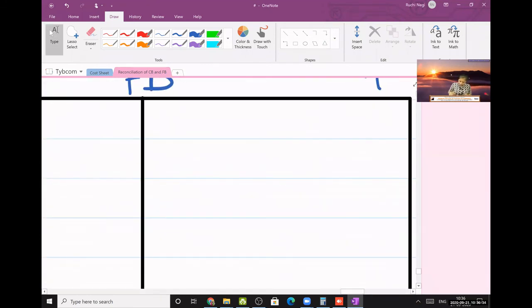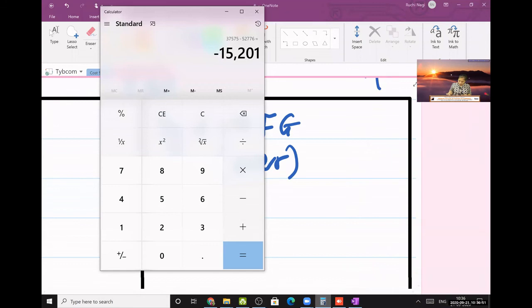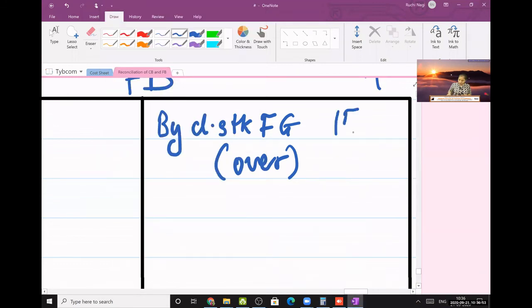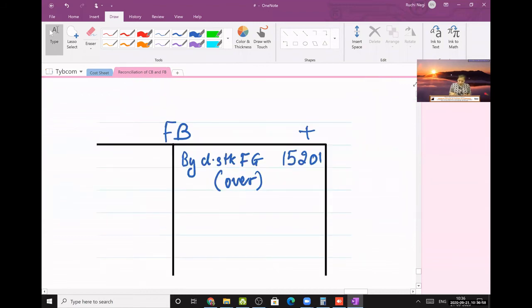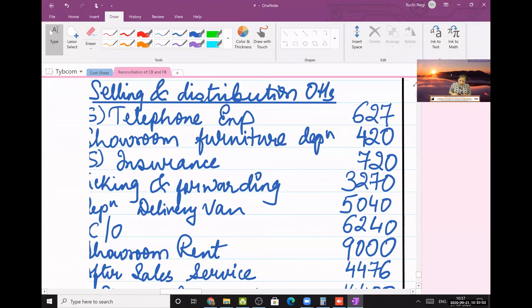So right here, by closing stock of finished goods, I'm taking the excess or the overvaluation, 15,201. That's it. The rest which remains will come in the finance books, not in the cost sheet.